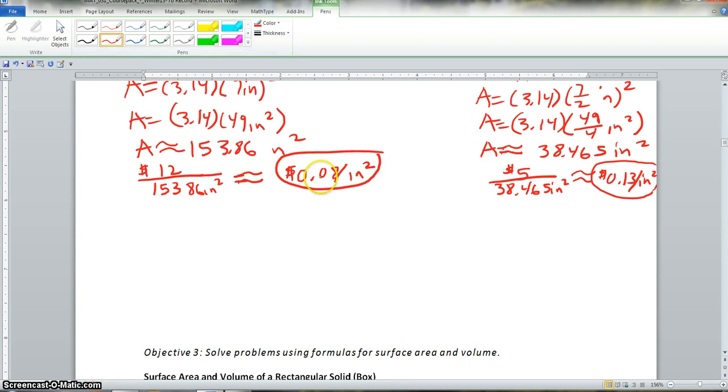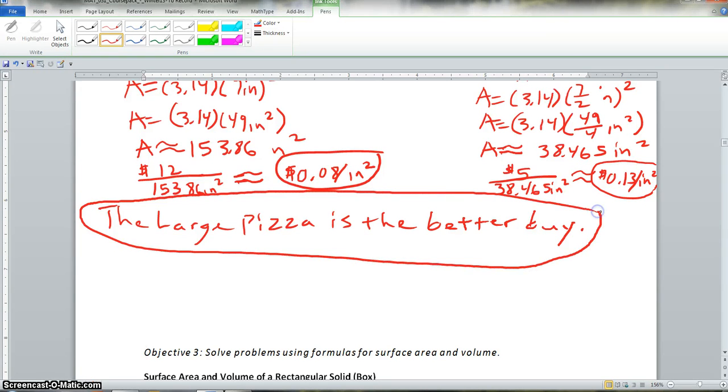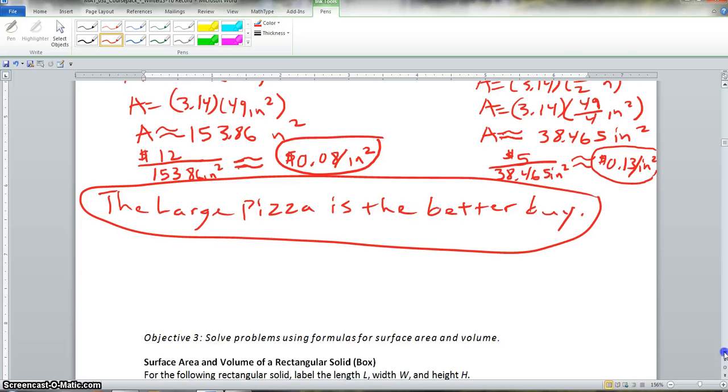And so what we will write here is the large pizza is the better buy. And that is the final answer.